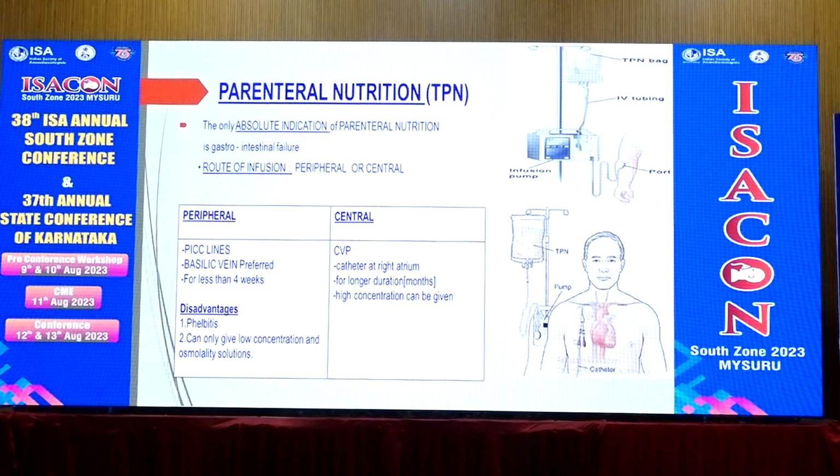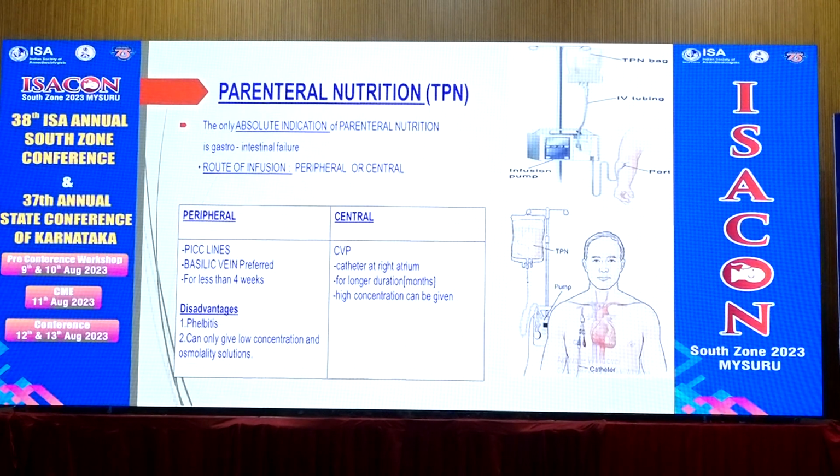Parenteral nutrition. An absolute indication of total parenteral nutrition is gastrointestinal failure. Route of infusion is peripheral or central. The peripheral route uses PICC lines and peripheral lines; we can puncture the basilic vein and it ends in the brachial vein. For less than 4 weeks, the peripheral lines should be used or preferred.